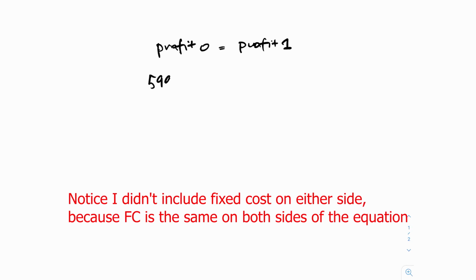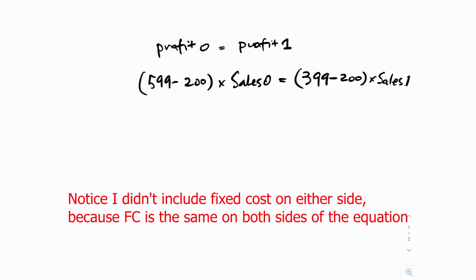So when you lay out this function, what you have is $599 minus 200 times the unit sales 0, before the price change, is equal to $399 minus 200 times the unit sales 1, that is the unit sales after the price change.